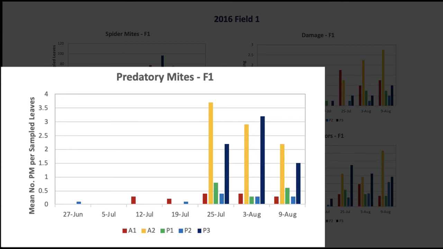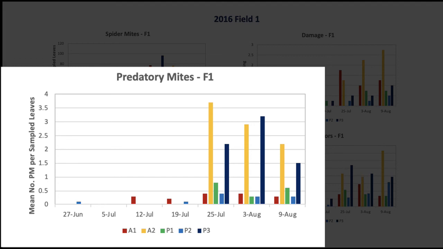As the populations build up over time, you can see the number of predatory mites built up to pretty heavy levels in some of those plots. They built up really heavy in the Asana plots, and that just shows you that the predatory mites are finding and reproducing and building up in areas where you have really heavy spider mite populations.